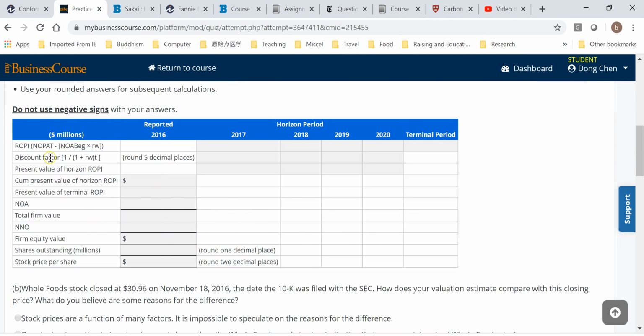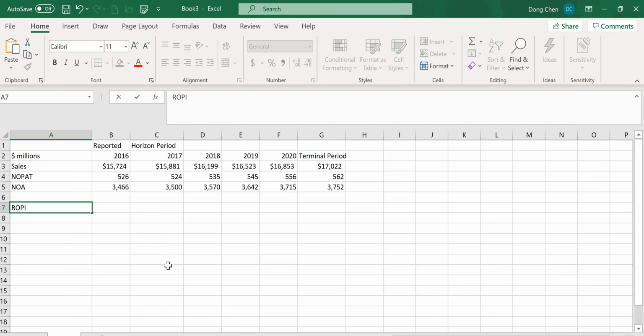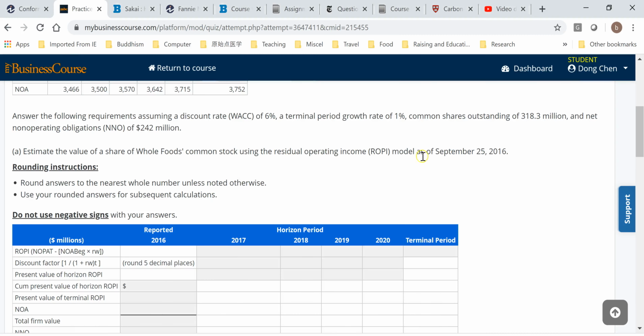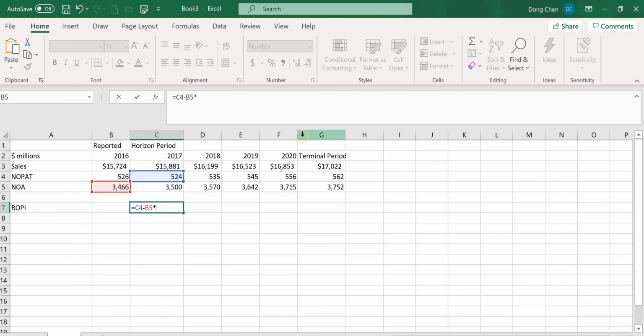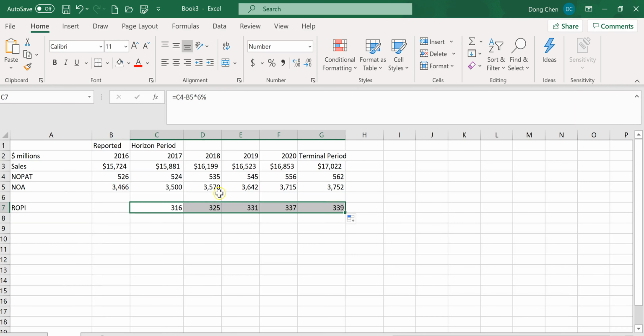So if you look at this table, ROPI is NOPAT minus the beginning year. So that's for 2017, relative to 2016, right? NOA. And then times the discount rate, which is 6%, right? And then we just pull the cell all the way to the right, to the terminal period.